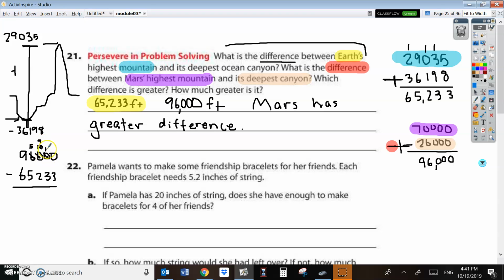Make that a 10, and then a 9, and make that a 10. That'll be 7, 6, 7, 0. Okay, so 30,676 feet. That's the difference.